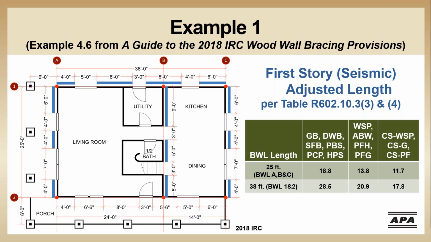Only 21 feet is required, so we can shorten these braced wall panels. Braced wall line 2 only has 23.5 feet of wall available. But as we only need 21 feet, we can arrange them a little bit like this.